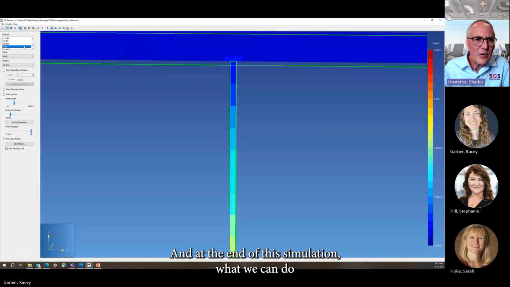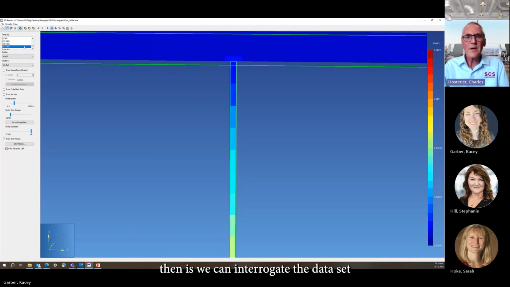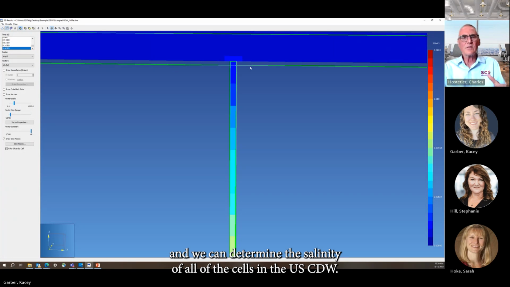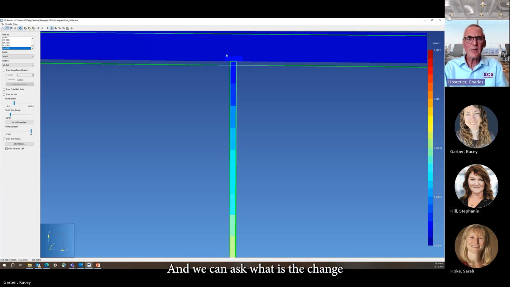And at the end of this simulation, what we can do then is we can interrogate the data set, and we can determine the salinity of all of the cells in the USDW, and we can ask, what is the change in salinity of the USDW for this 30 years of overpressure?